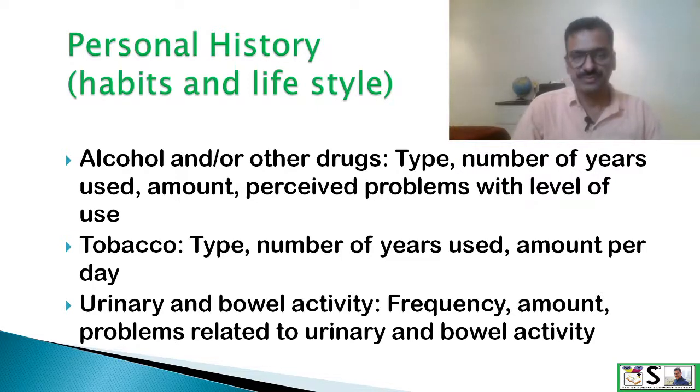Use of tobacco, again, type, number of years, and amount per day. Everything we ask and write. Then urinary and bowel activity, frequency and amount. Whether problems are there with the urinary and bowel activity or not. This we should find out and again we will write.